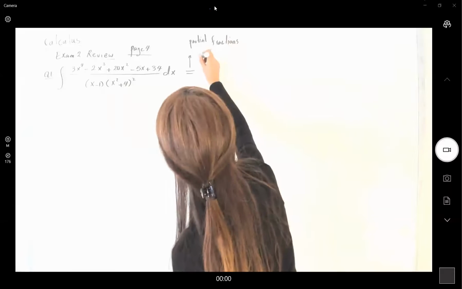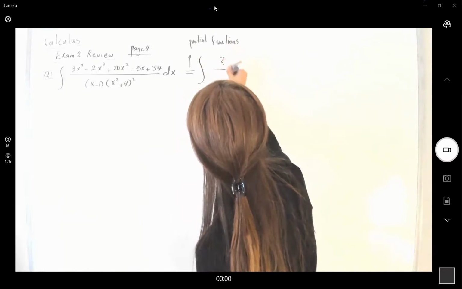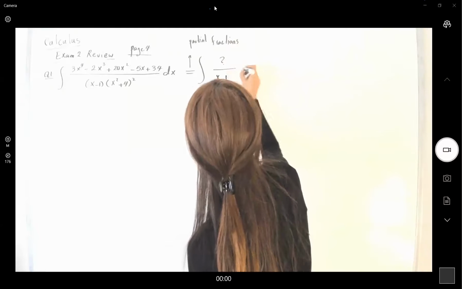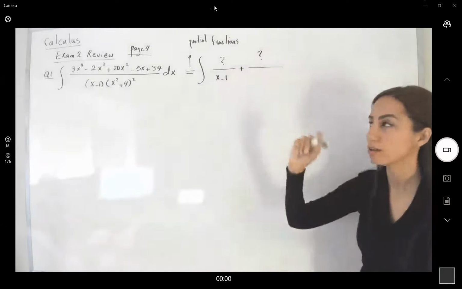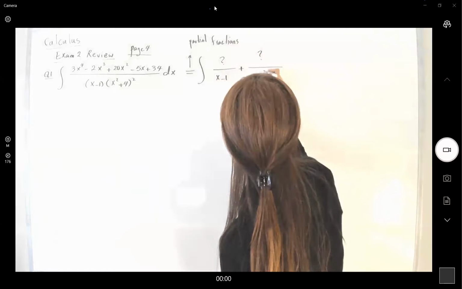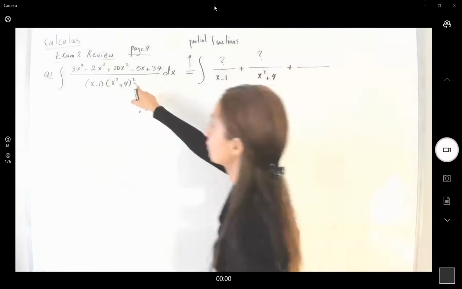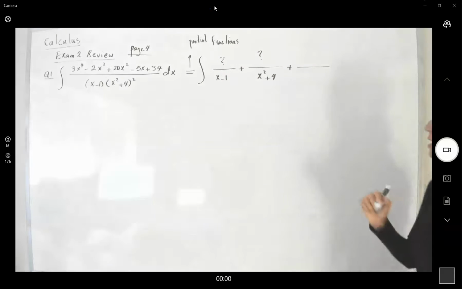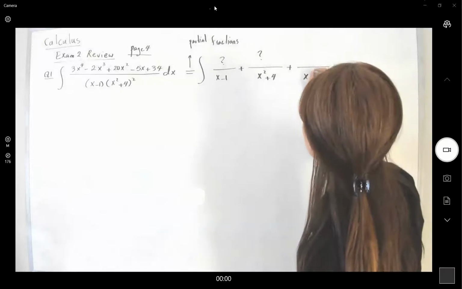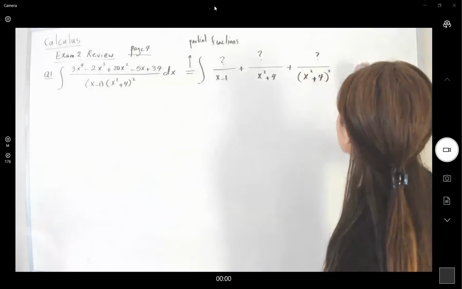This is equal to the integral of the first fraction, with unknown numerator, over x minus 1, plus the second fraction, with unknown numerator, over x squared plus 4. And the third fraction, since you have exponent 2, you have to have all the exponents in descending form: x squared plus 4 to the second power, with unknown numerator.